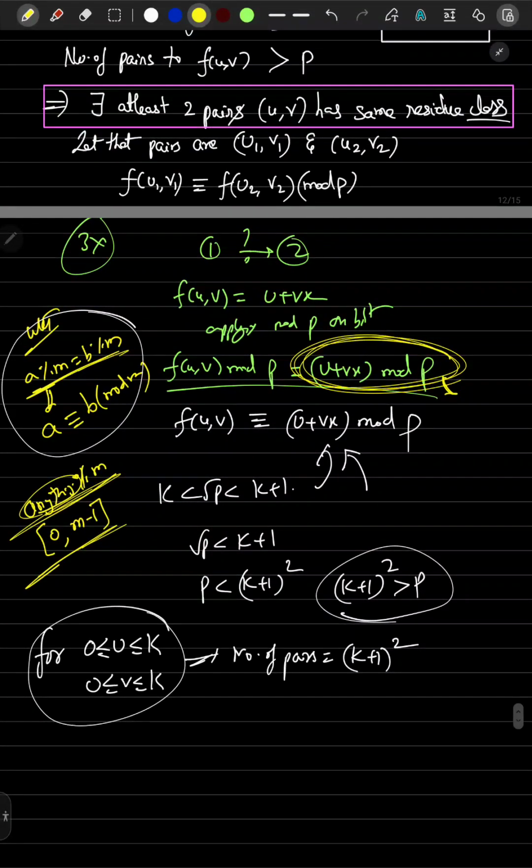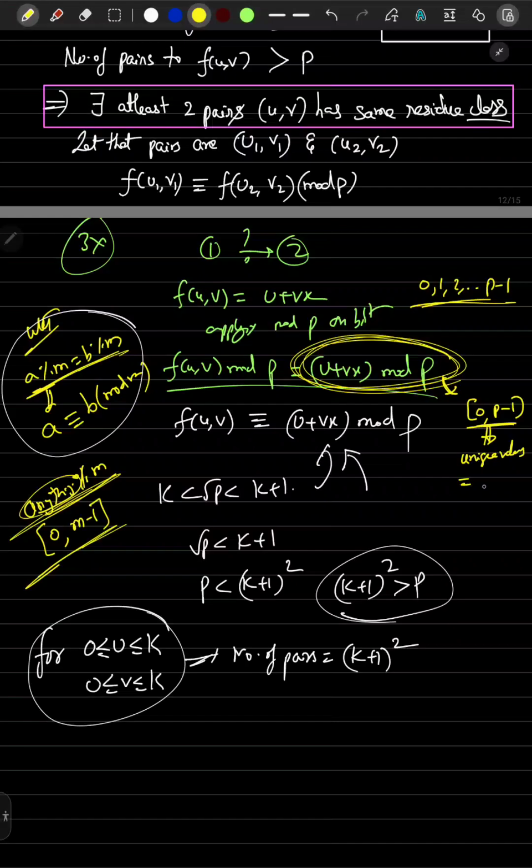Anything mod m, the values will always be 0 to m minus 1. So here the possible values are 0 to p minus 1. How many unique and distinct values? 0, 1, 2, 3 and so on, up to p minus 1.